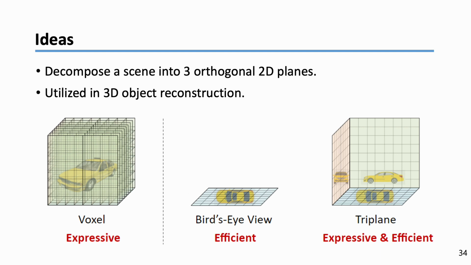So it is not only more efficient than using a voxel latent, but it also provides more detailed information compared to bird's-eye view representations. Additionally, it can include explicit spatial information. It means that we know the 3D coordinates with this representation, compared with an implicit function.